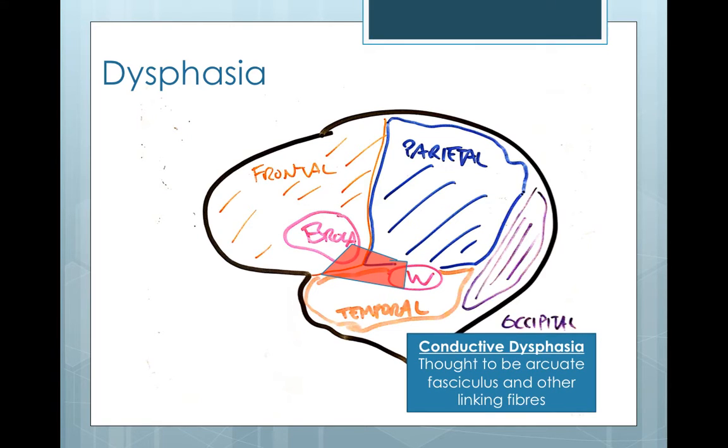The final thing here is conductive dysphasia, and that's basically thought to be problems in the pathway between Wernicke's area of comprehension and Broca's area of expression. Basically here you get poor repetition but can still follow commands.